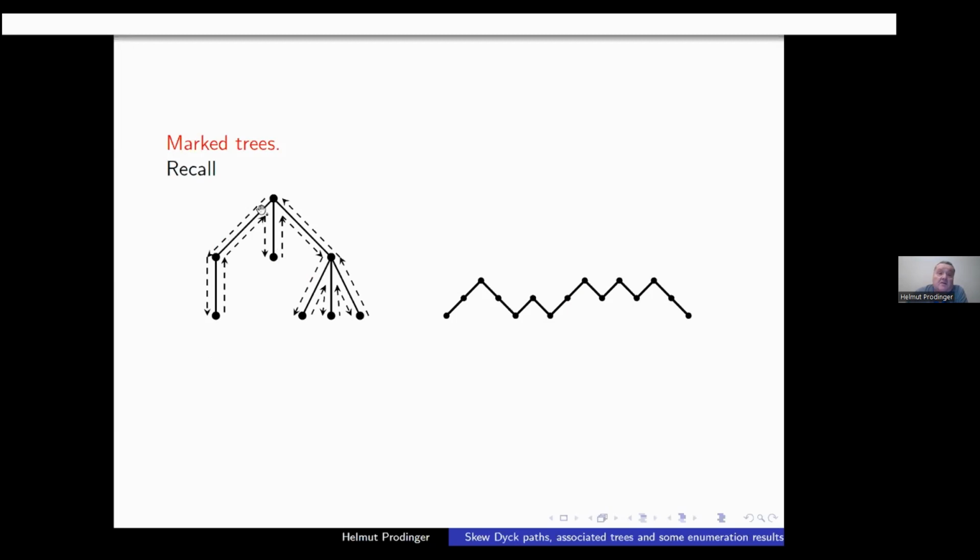And then if you walk down, you do an up step, and if you come back, then you do a down step, and so on. And so if the number of edges is n, then the length of this Dyck path is 2n. So this is a very basic thing, and I'm not telling you anything new about this.